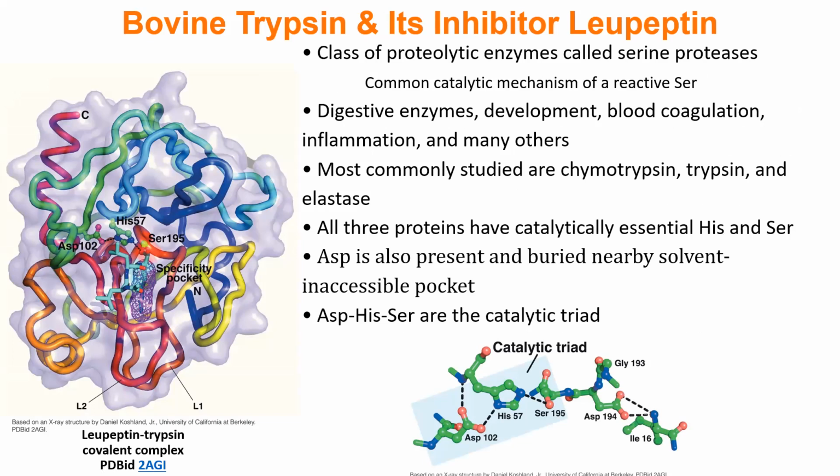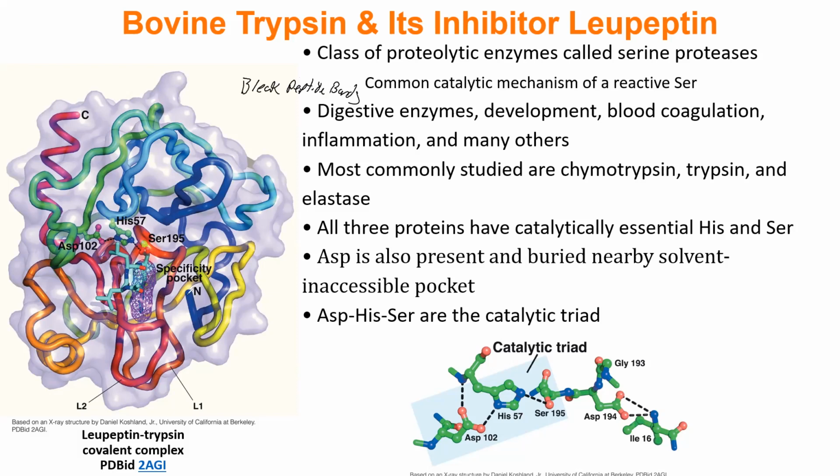A serine protease is a class of enzymes, and they do a lot of different things, but in general, they break peptide bonds. And the amino acid that is critical for this is serine. Serine is going to be our reactive amino acid.